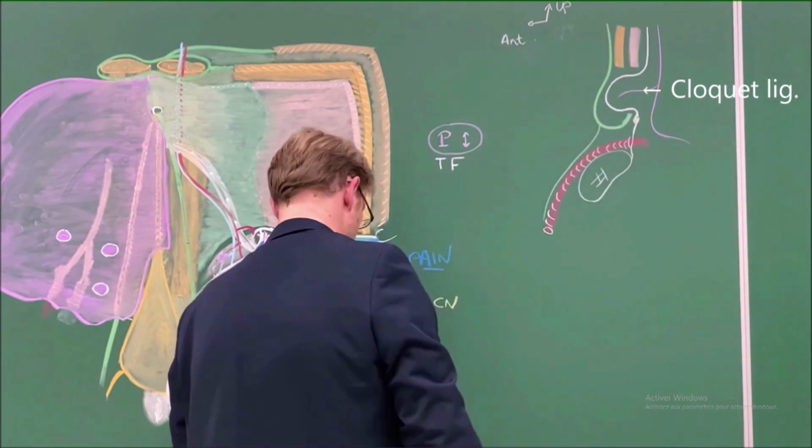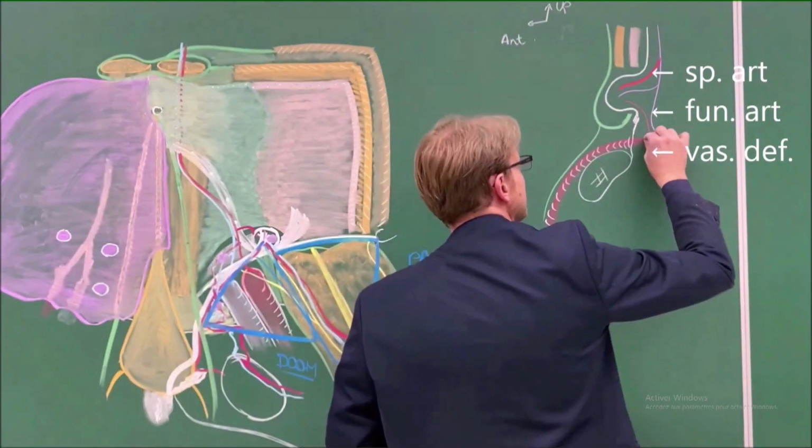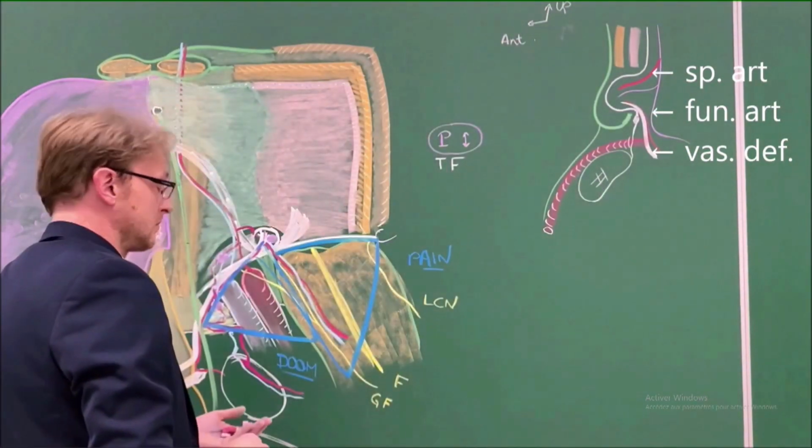Here is the beginning of the spermatic cord with the cremasteric ligament, spermatic vessels, vas deferens, and funicular artery just here.